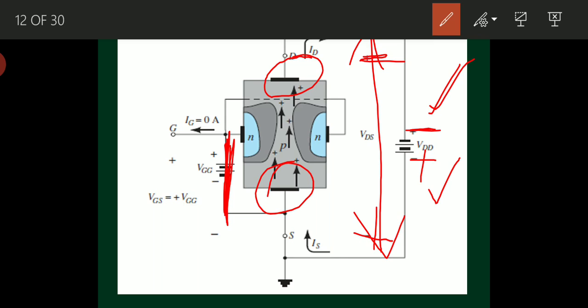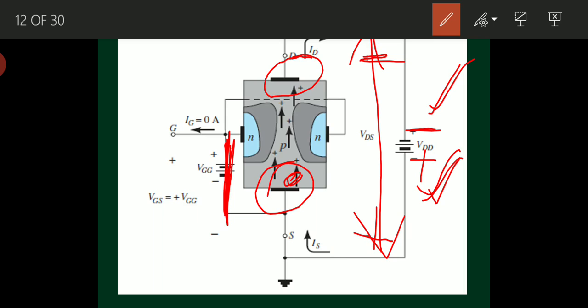So holes, which are positive charge carriers in the P-type substrate near the source terminal, get repelled by this positive voltage of VDS, right? Since the holes are positive charge carriers at the source terminal and I am applying a positive voltage, as like charges repel each other, what will happen? The holes move towards the drain terminal.